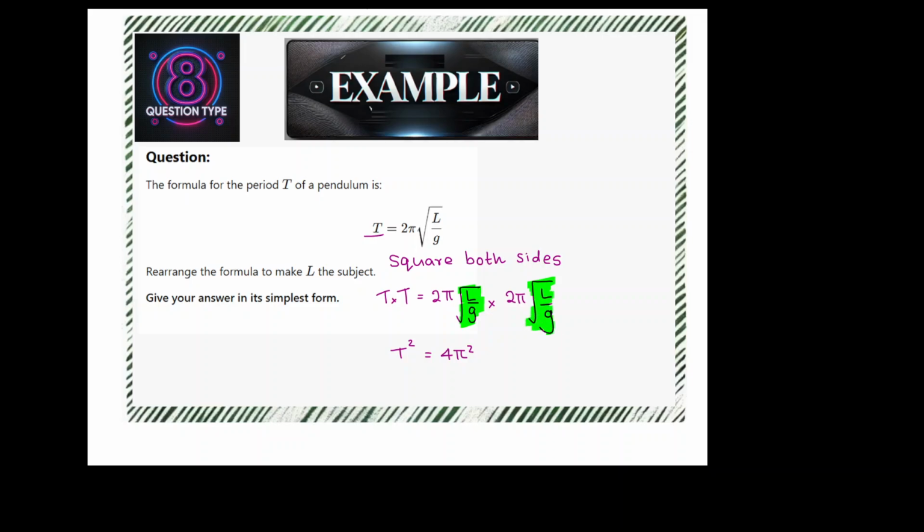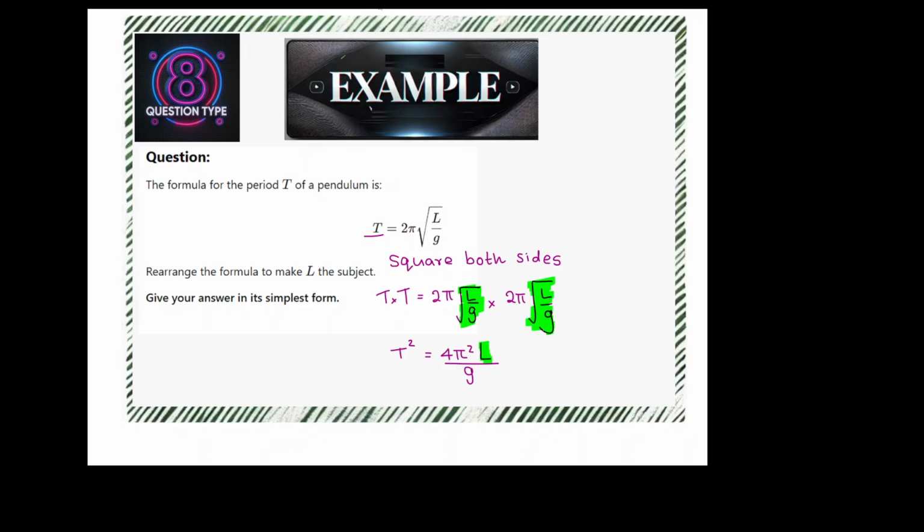Now think of it like this, root 2 times root 2 is 2. Root 5 times root 5 is 5. Like that, obviously, in here, root L over G multiplied by root L over G becomes simply L over G. So L over G. Now I need to make L the subject, so I can see that L is on this side.